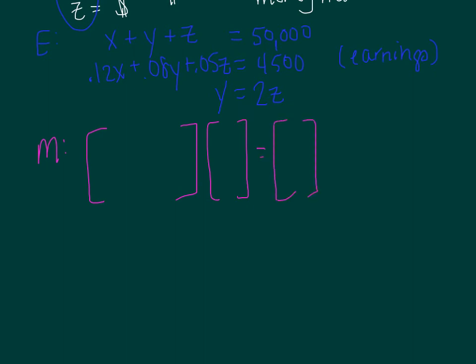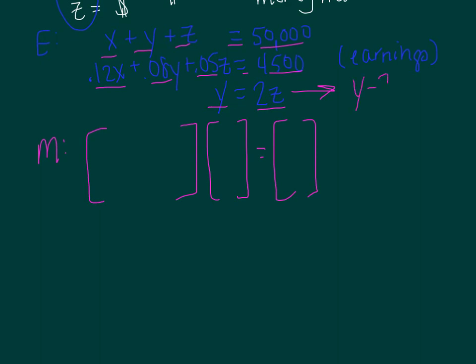So when we're writing it, it needs to go X, Y, Z, equal sign, constant. Equation 1 does that. X, Y, Z, equal sign, constant. Equation 2 does that. No X in equation 3. Y is here, but Z is on the wrong side of the equal sign, and I have an equal sign, and there is no constant for this one. This equation needs to be rewritten before I can put it in matrix form.